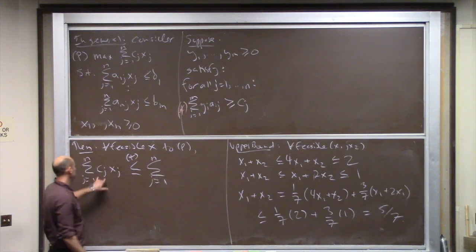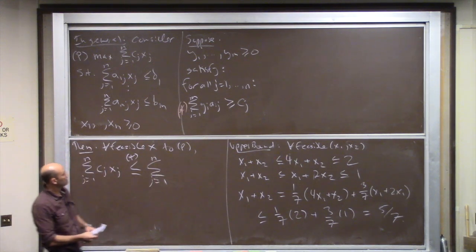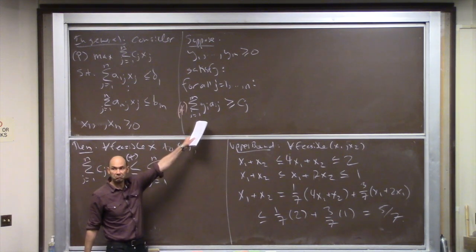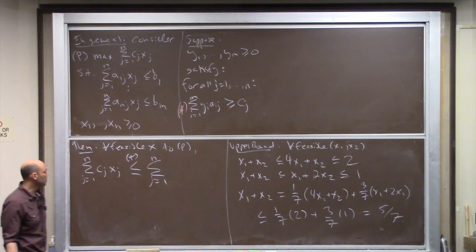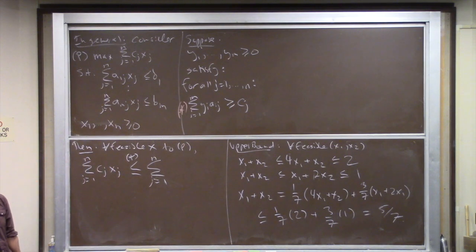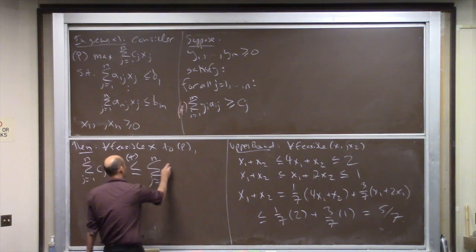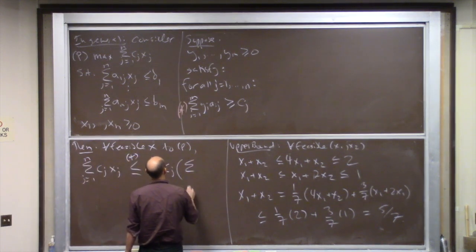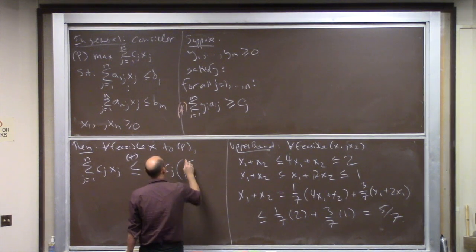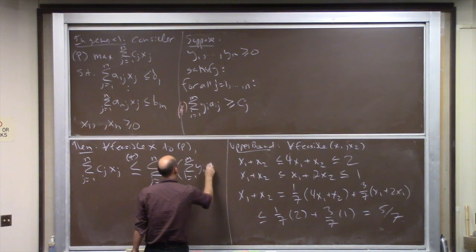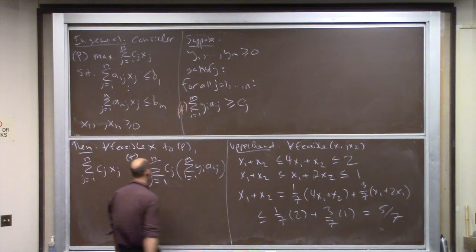It means I can replace cj by the left-hand side of star. That's what star means. Again, I'm using here that each of the x's is non-negative, so boosting its coefficient only gives me a bigger number. So cj times sum over i equals 1 to m of yi aij.